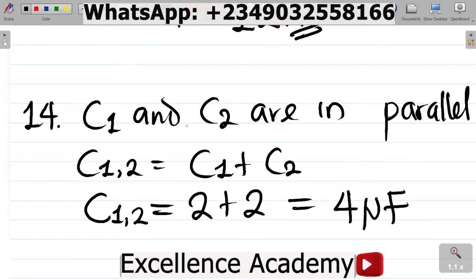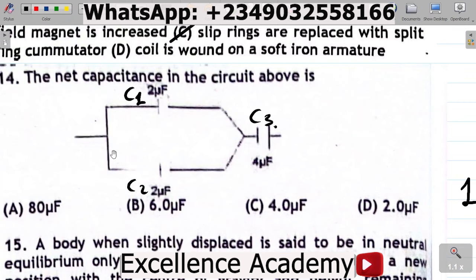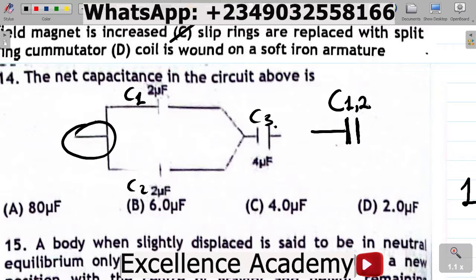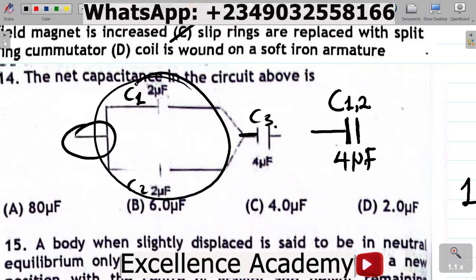Now, this 4 microfarad here, if you resolve these two, you'd have it like this. So starting from this end here, you have this end. The value of C12, this is straight like this, you have C12, which is 4 microfarad. That's these two resolved. Then you have this part here, then you have C3.